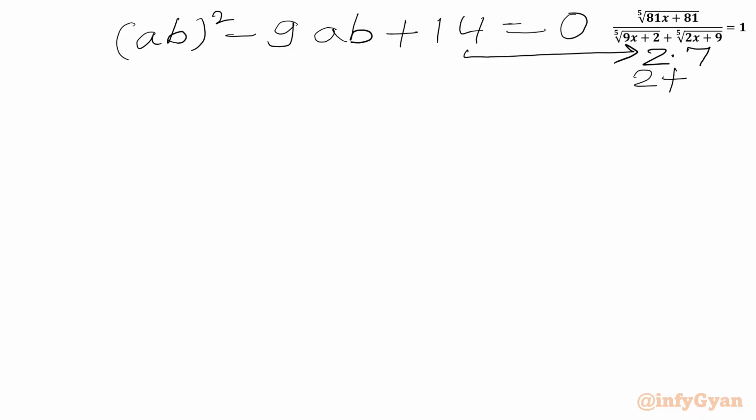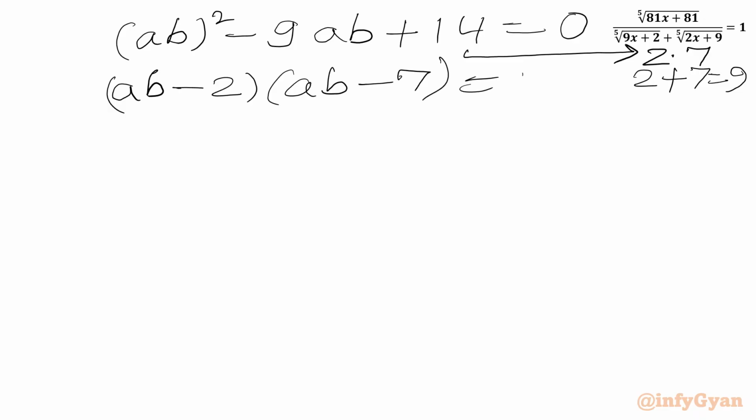Addition of both will give us the middle term coefficient 9. I will write the factors: AB minus 2 times AB minus 7 equal to 0. Using the product 0 rule, we will get AB equal to 2, AB equal to 7.